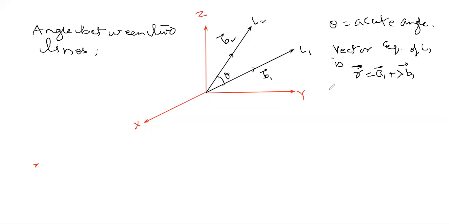Correct? And similarly, the vector equation of L2 is R vector equals A2 vector plus lambda B2 vector.